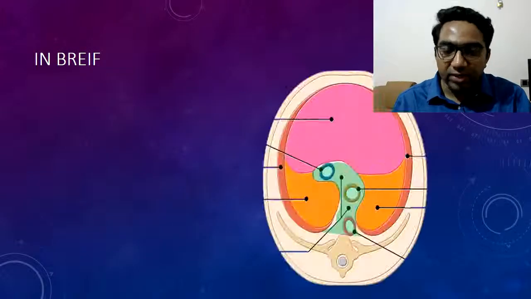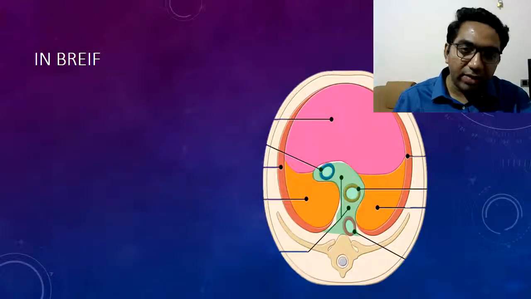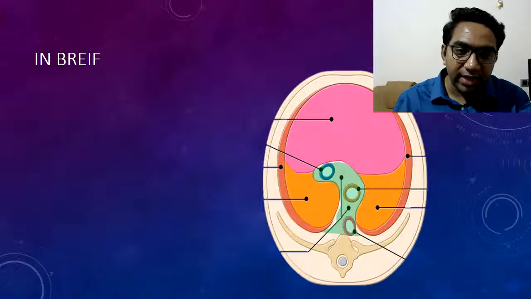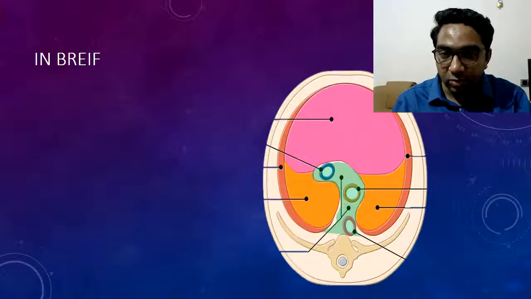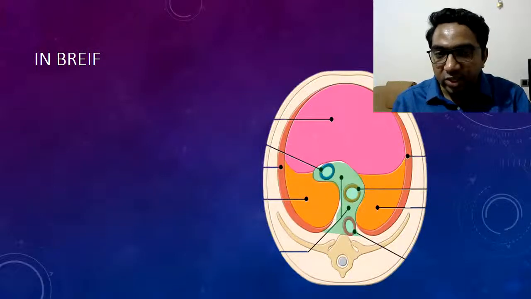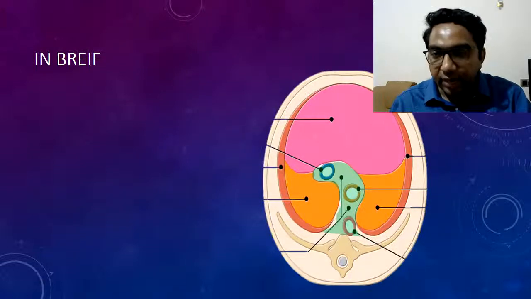In brief, we have discussed the development of the diaphragm, the development of the pleuroperitoneal canal, the central tendon, and the outgrowth of the body wall, where there is the Morgagni hernia, the embryological space of Larrey, and the Bochdalek hernia due to the defect in the posterolateral side on the left side.